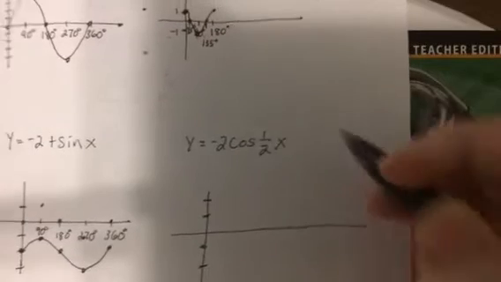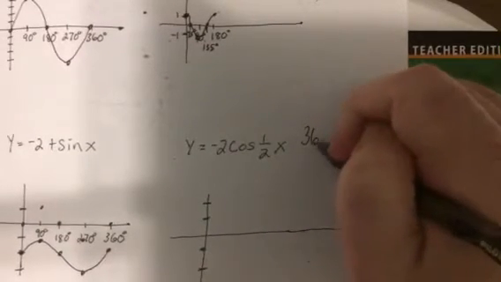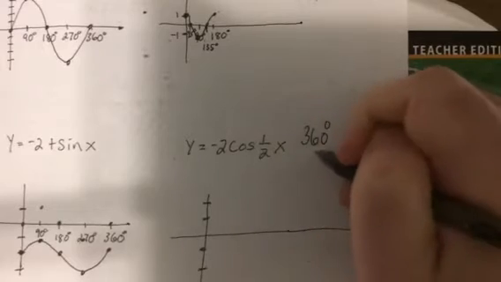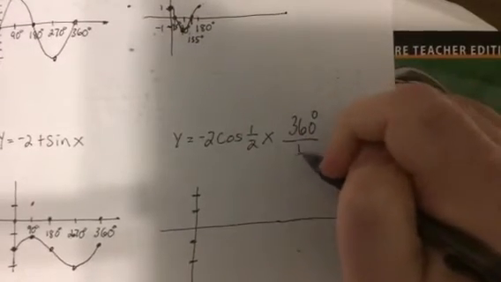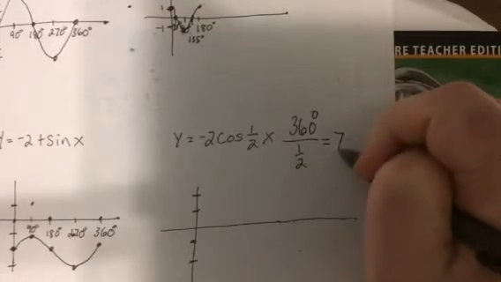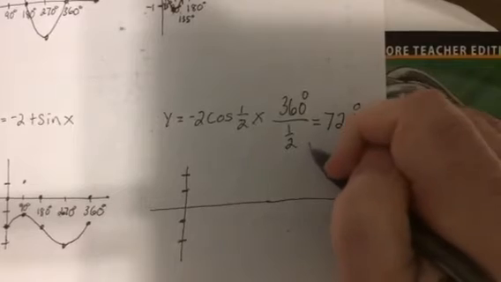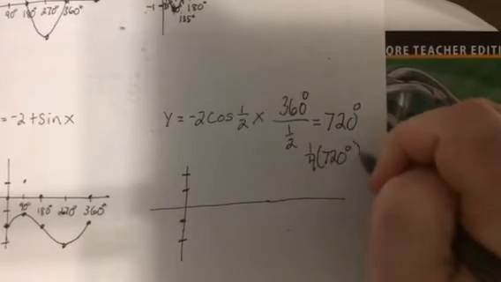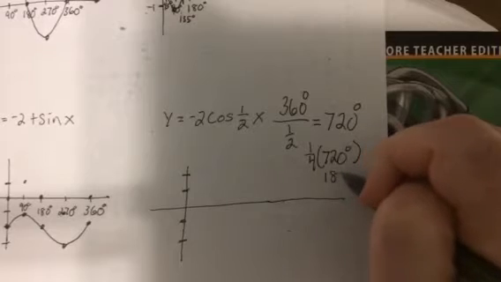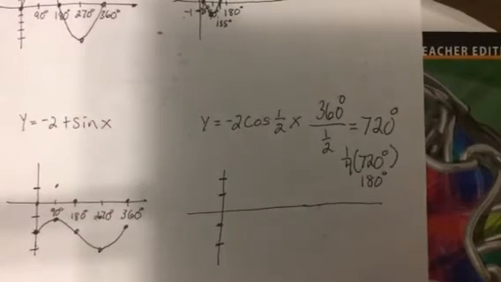Now this one I wanted to do with you. So the period is 360 divided by b, so that means I want half the graph between 0 and 360. So that means it would take 720 to get the full graph. 1/4 of 720 is 180. So it means every 180 degrees something important happens.